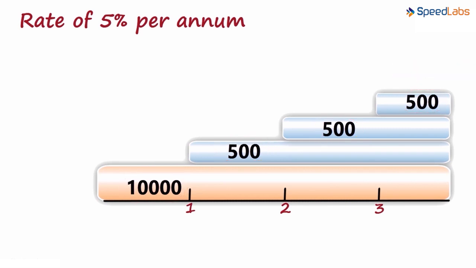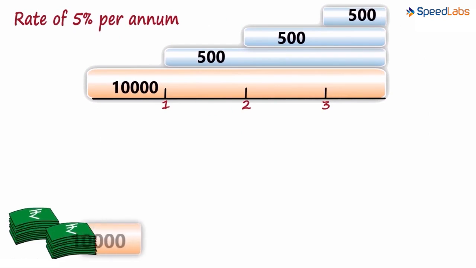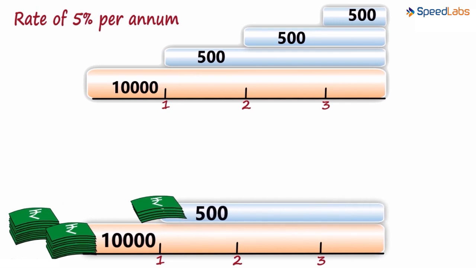Let's understand compound interest in a similar way. You have invested a principal amount of 10,000 rupees in the bank, and that will remain until you withdraw it. At the end of the first year, you get an interest of 5% on this principal, it will equal 500 rupees, which will accumulate in your account. Now, to witness the beauty of compounding, we need to see what happens at the end of the second year.